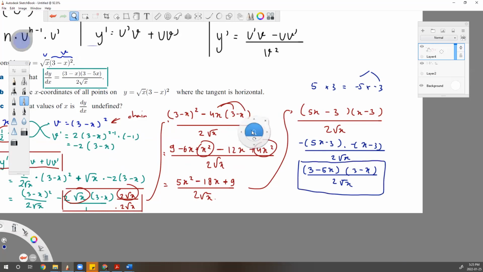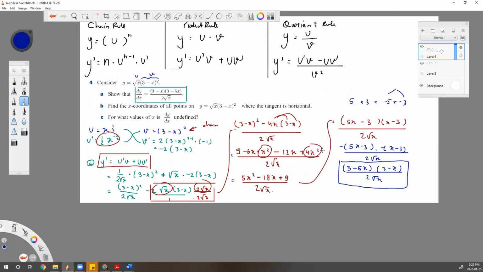Yeah. I don't understand that. Which one? Which part? The one where it goes from the red to blue. Oh, from the red to blue. Here, I guess. Use this idea.